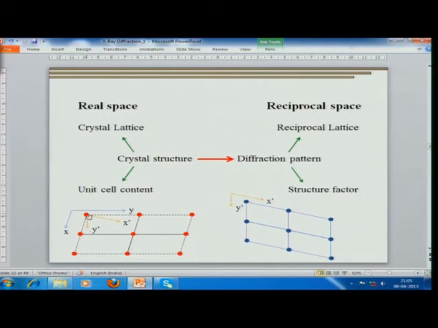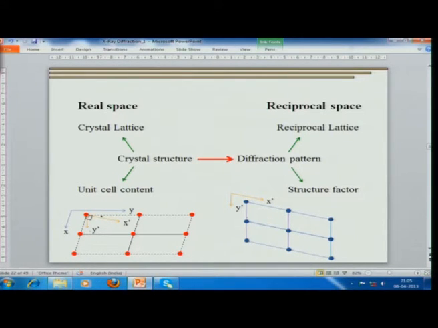You can see over here that along y the distance between the two atoms is very large, while when I go to reciprocal space I not only go 90 degrees to y, but also reduce the distance. That is where you see that my y prime over here is smaller than x prime, while in real space my x is smaller than y.